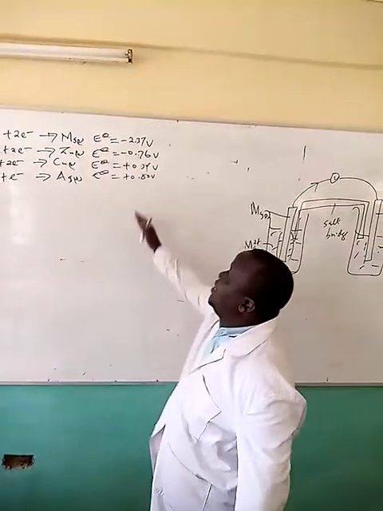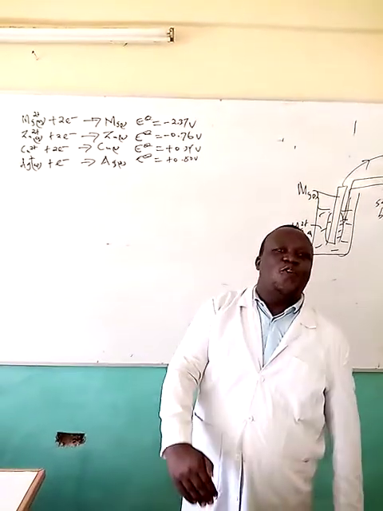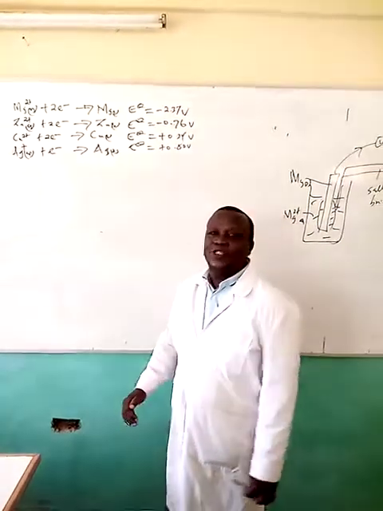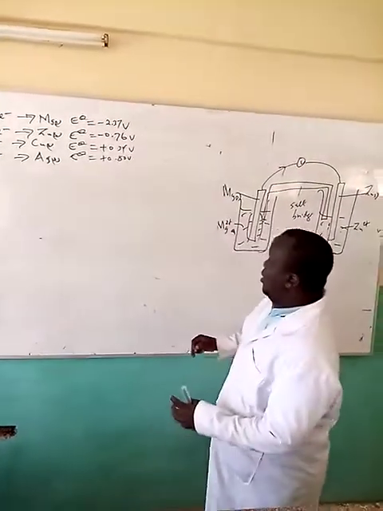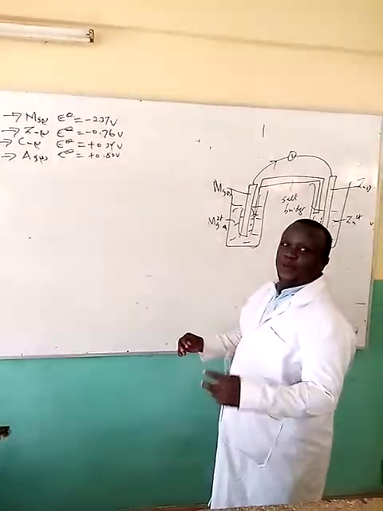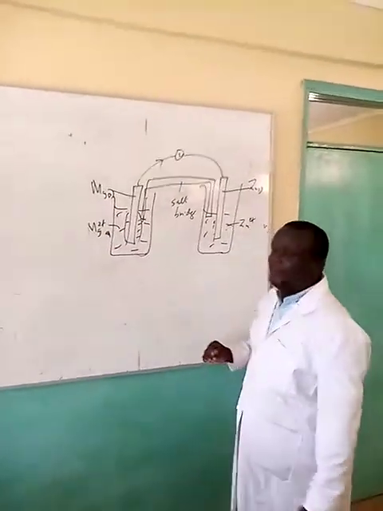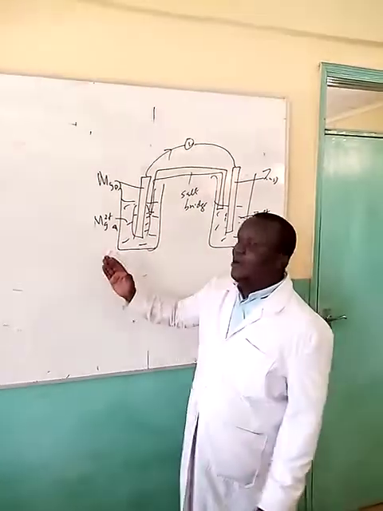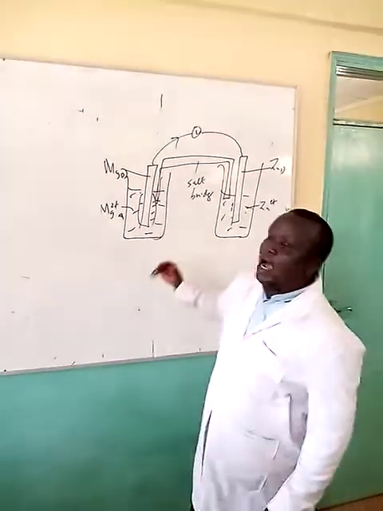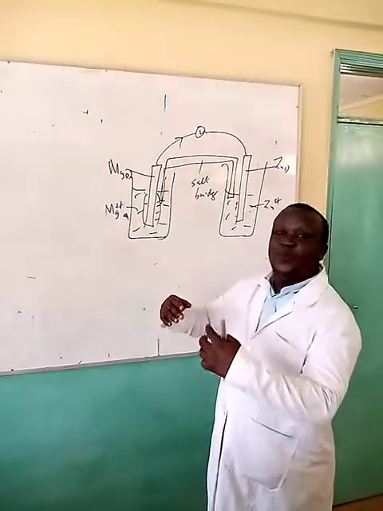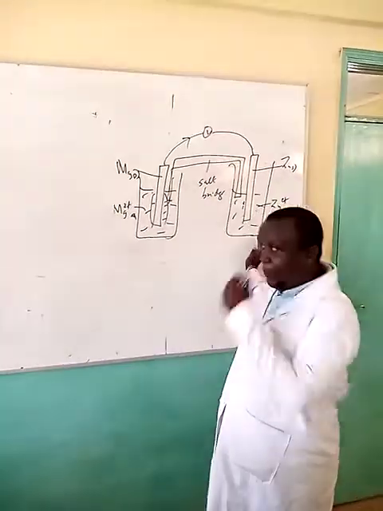Now, the electrical potential can be used to calculate the electromotive force of a cell, or what we call in short EMF. When we have, for example, two half cells of magnesium and zinc, I've placed them in such a way that magnesium is on my left hand side. What is the possible reason why I've placed magnesium on the left hand side and not on the right hand side?